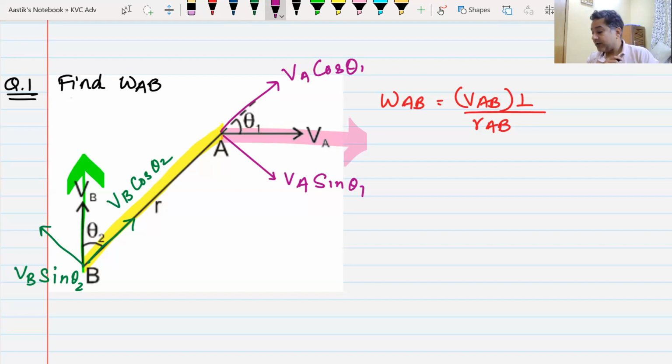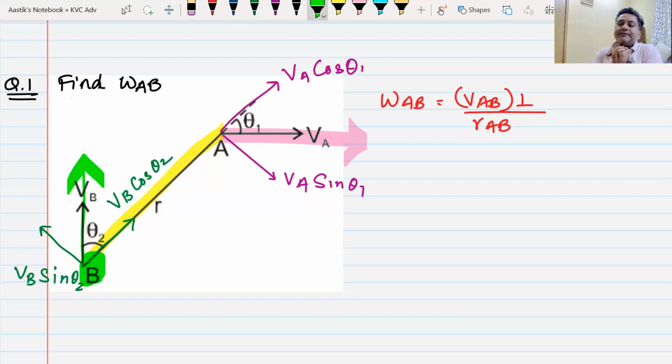Yes, sir. Okay. Now remember what is happening. When I find the angular velocity of A with respect to B, remember it is the same as when I found the velocity of A with respect to B. When I find the angular velocity of A with respect to B, this point B does not go anywhere.